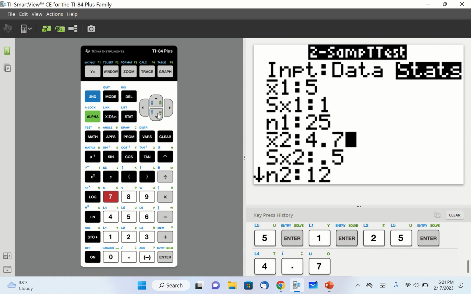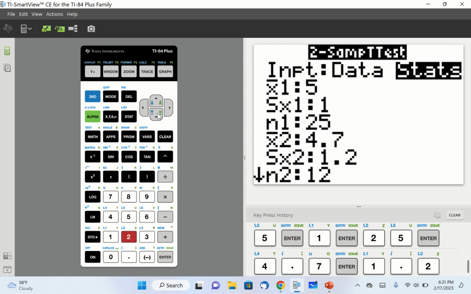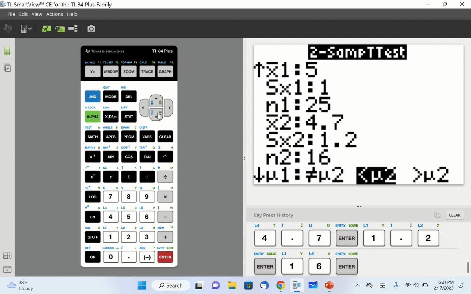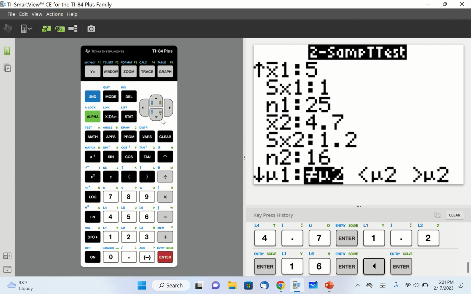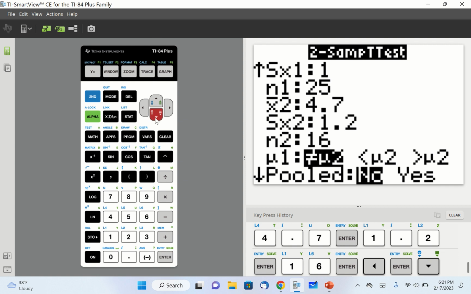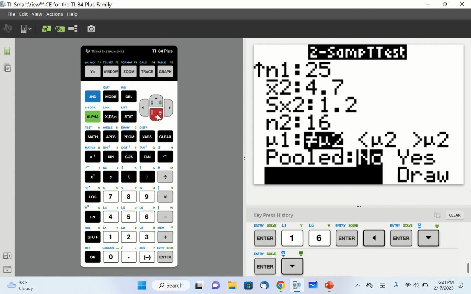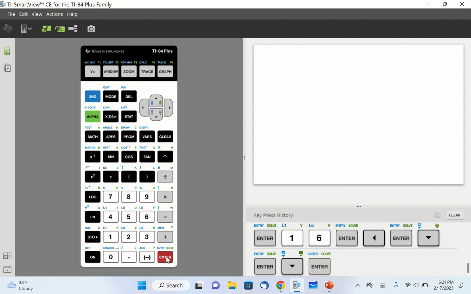Population 2, sample mean 4.7, standard deviation 1.2, and sample size was 16. And we are checking for inequality. Are they different? So not equal to, highlight that, hit enter. Come down to pooled, no, enter on that. Arrow down to calculate and hit enter.